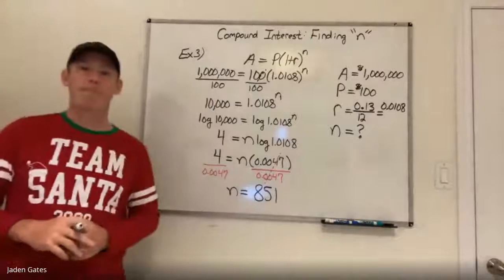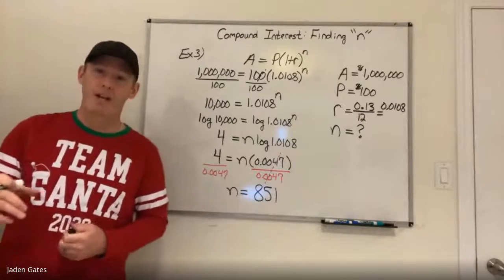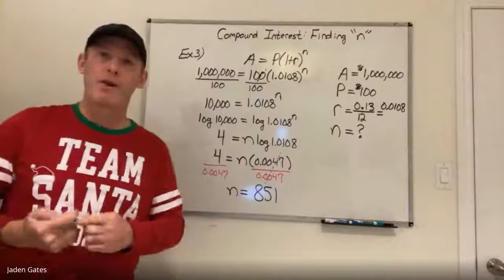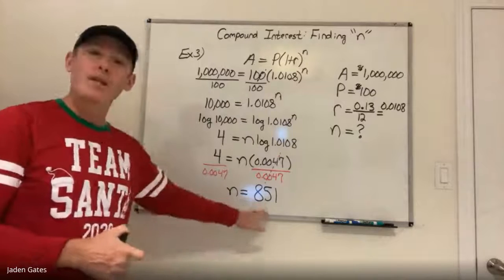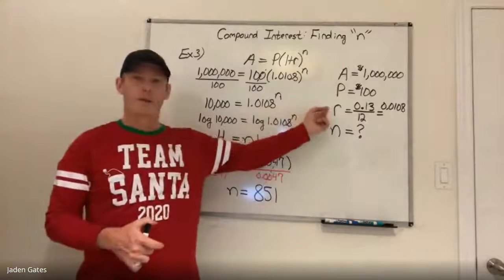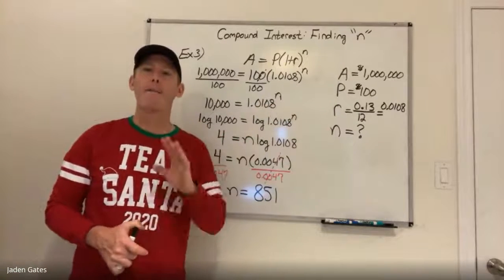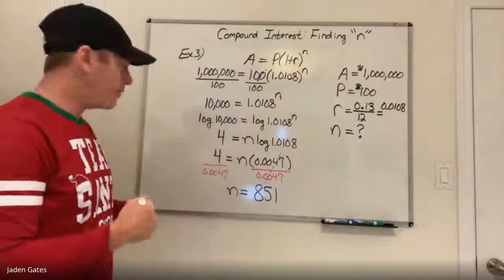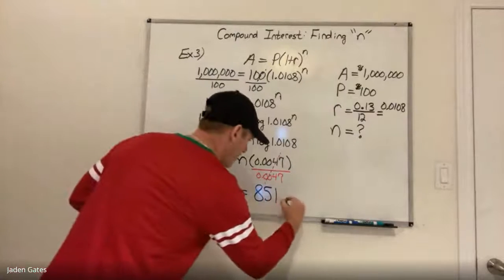Now, here's the key. It is crazy that I could borrow $100 off somebody and then owe them $1 million. But it is not going to take 851 years. This interest was compounded monthly. So that means my n value is talking about months.